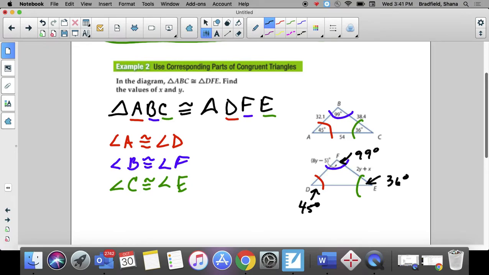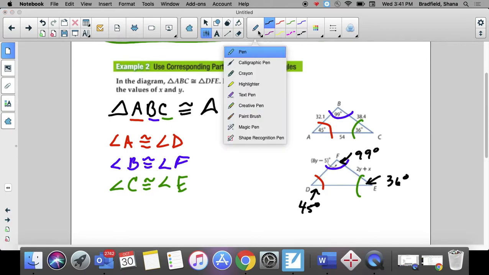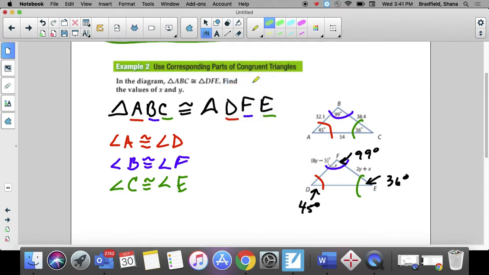We wanted to find out what x is. I do have that angle F is equal to 8y minus 5, but it's also equal to 99 because it was congruent to B. So I can make an equation to solve for y that says 8y minus 5 equals 99.